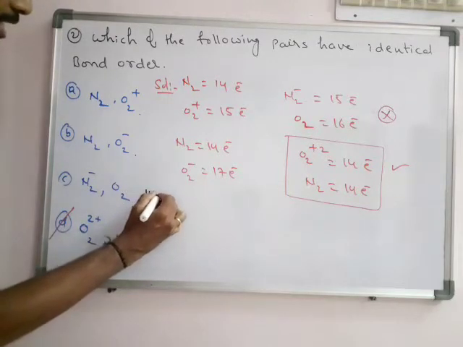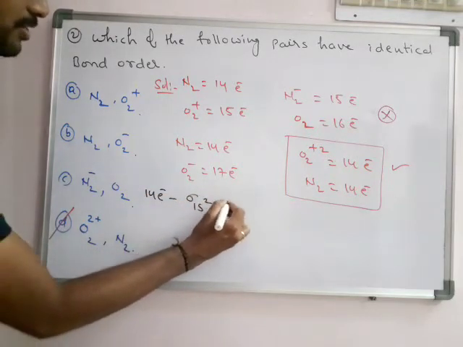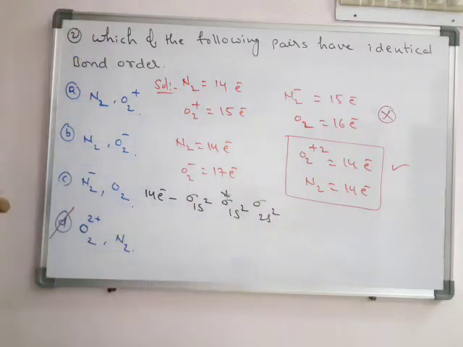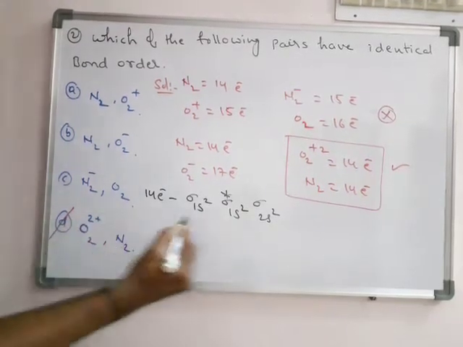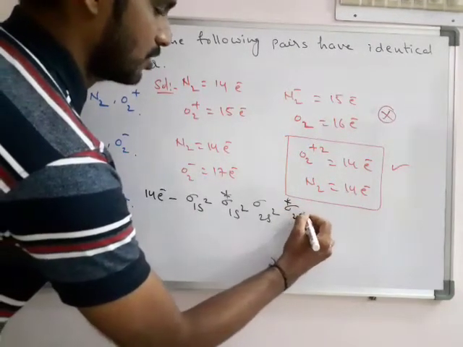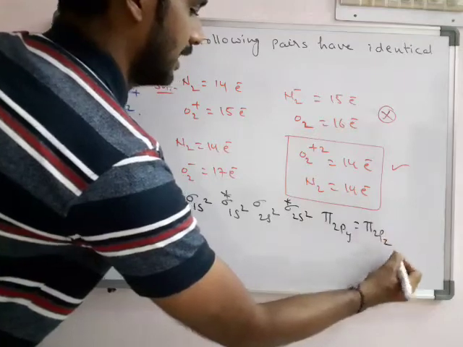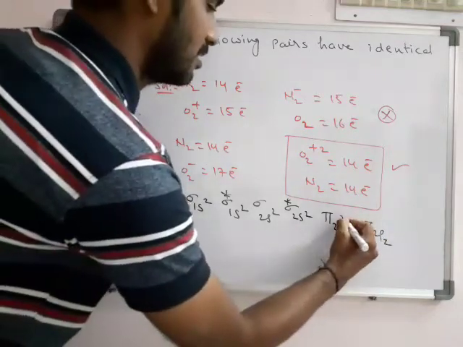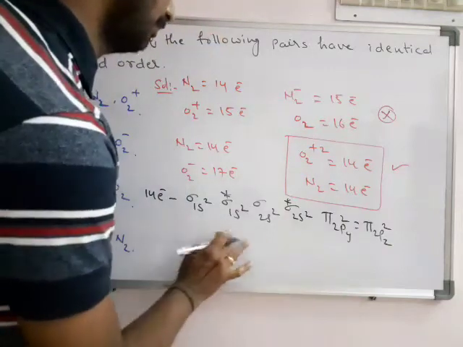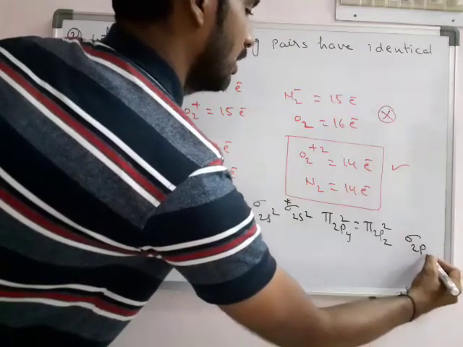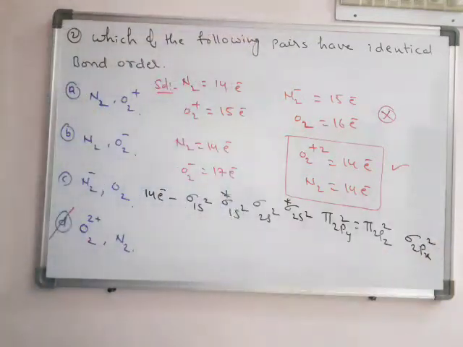Sigma 1s2, sigma star 1s2, sigma 2s2, sigma star 2s2, pi 2py equal to pi 2pz, 4, 5, 6, 7, 8, 9, 10, 11, 12, 13, 14, and the sigma 2px2, it is completed. Just for getting the option we wrote 3, 4, 5, 6, 7 to 14.